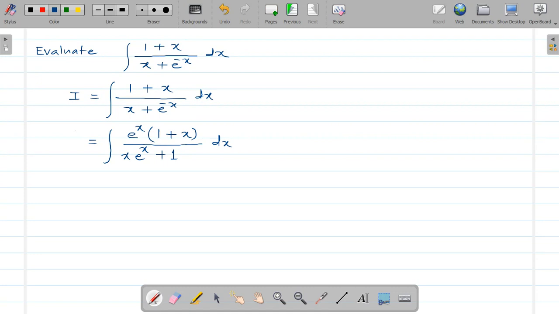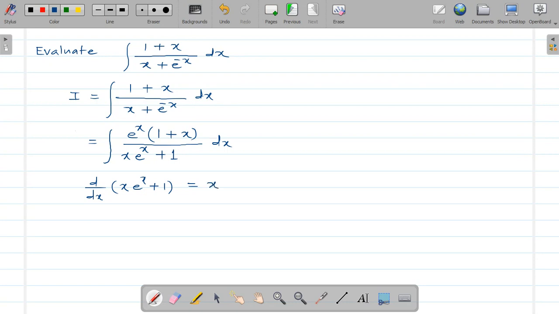Now if you observe this carefully, after this multiplication by e^x, if you take the derivative of x e^x + 1, what is the derivative? To get the derivative of x e^x, we have to use the u into v rule.